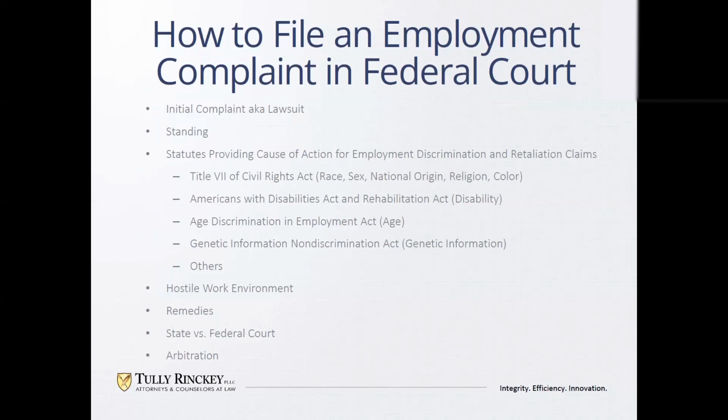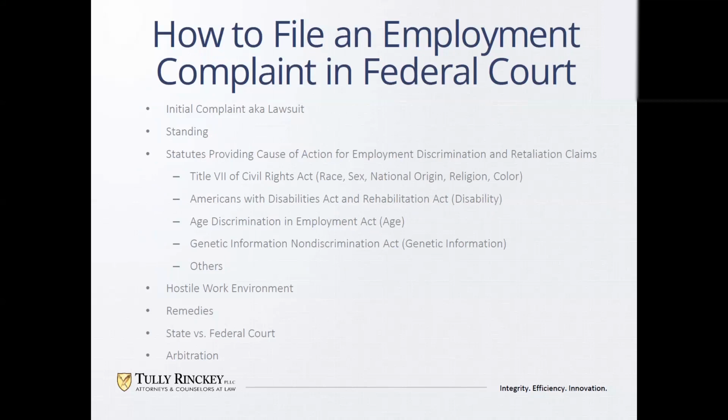Those are workers that are discriminated against based on their age. To qualify, you have to be over the age of 40. And then we also have the Genetic Information Non-Discrimination Act. This act protects against genetic information discrimination. It protects against you being treated differently because of your genetic information.